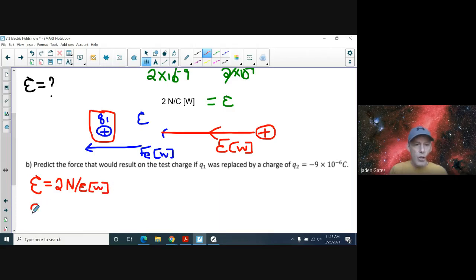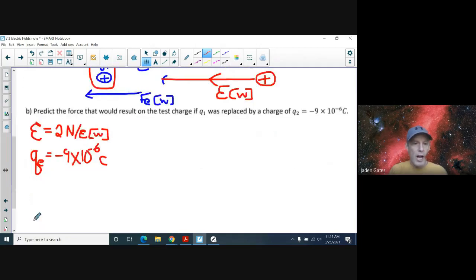We have this new charge that I'm calling Q2, but again, it is the charge that is experiencing the force. Now it is -9 times 10 to the -6 coulombs. What I want to know is what force is this experiencing?